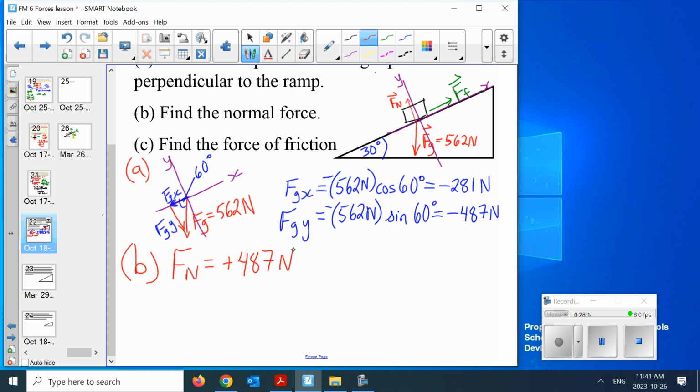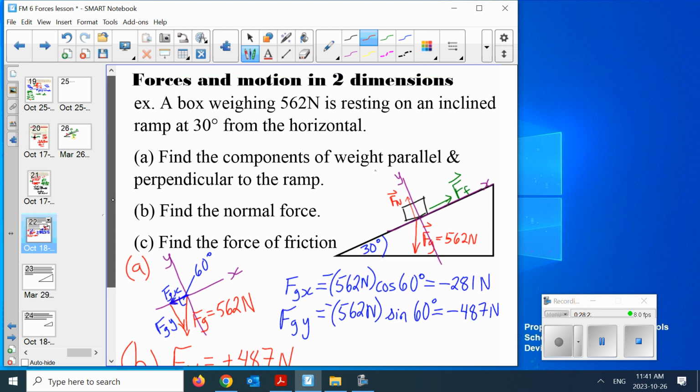Now C, find the force of friction. I got to read carefully here. Okay, I didn't fully explain this. The box is resting on an inclined ramp at 30 degrees from the horizontal.